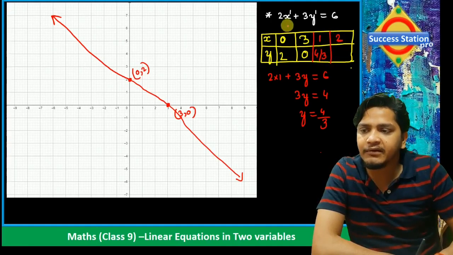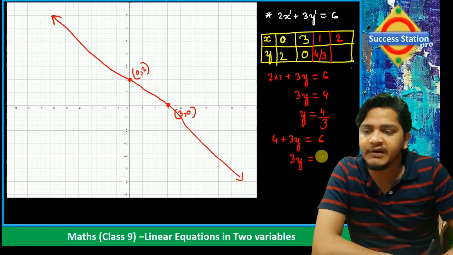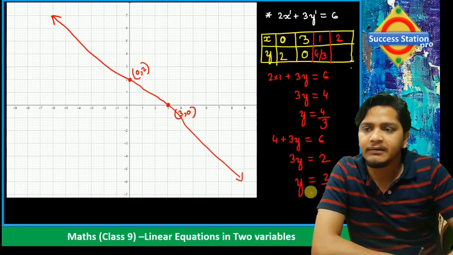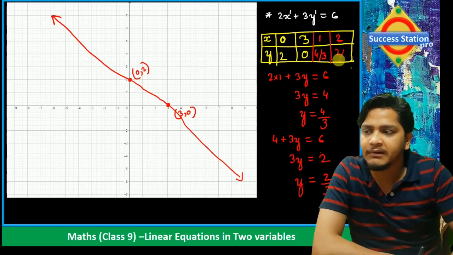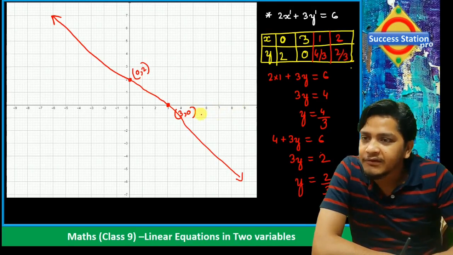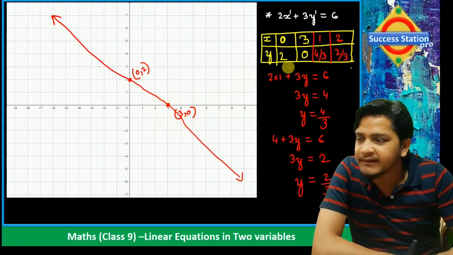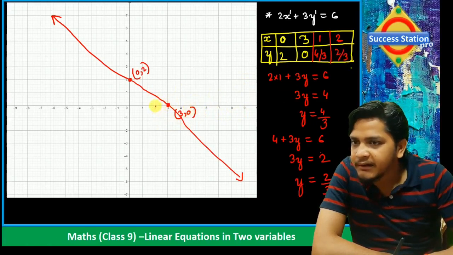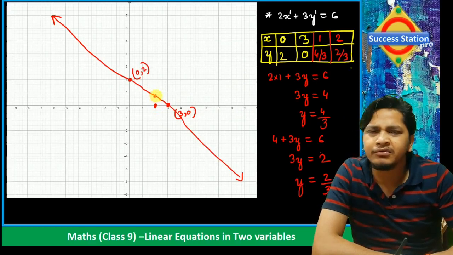So when we take x equal to 2, it will become 4, 4 plus 3y equal to 6. So we get 3y equal to 6 minus 4. So we get 3y equal to 2, y equal to 2 by 3. Clear? So we get here 2 by 3, which means less than 1. So see, if x equal to 2, the y is somewhere over here. So you got your solution.